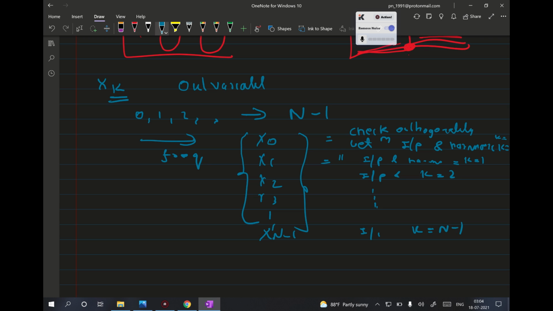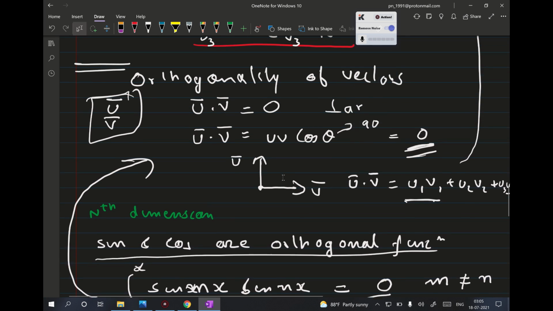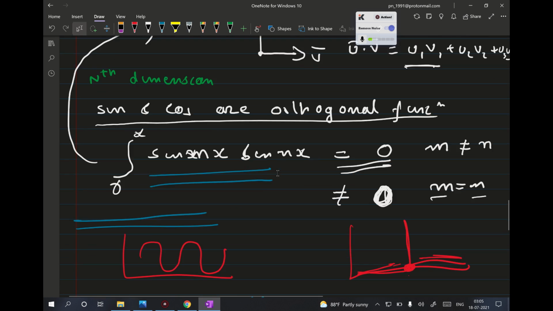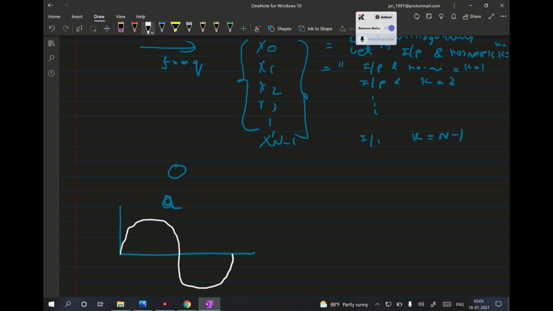If the orthogonality condition is met, the value will be 0. If it doesn't meet, it will give some value. Let's call it a. This is how the orthogonality is tested for the harmonic function. Now if I am supplying an input signal like this, for now I am not bothered about the independent variable, it's only this data I am supplying.